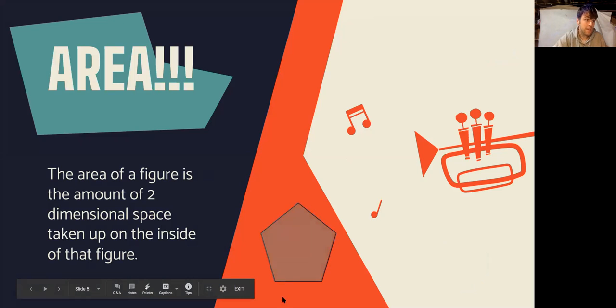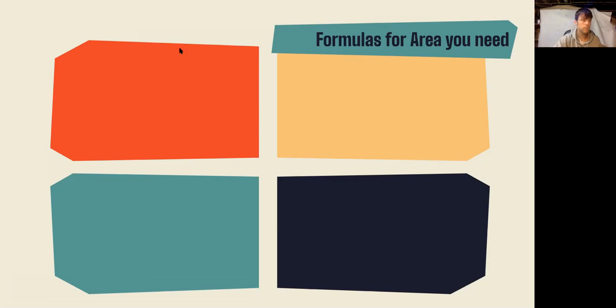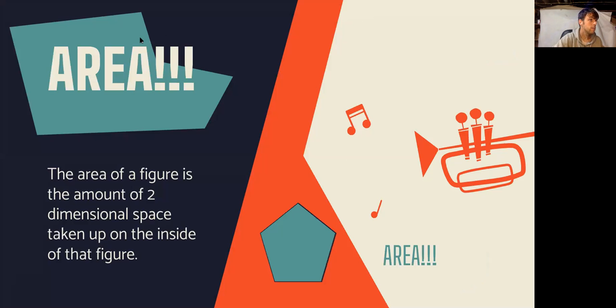So when we have a shape like a pentagon here, what we're really doing is breaking it up into a grid based on whatever units we're talking about. And we want to know how many of these square units would fit inside of there.